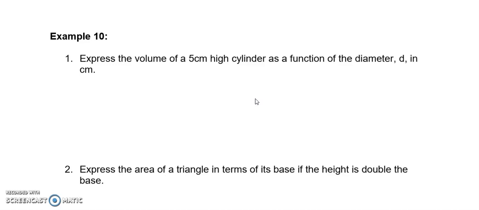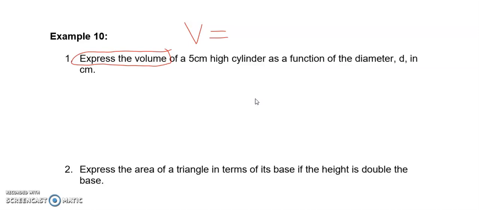Now, the first 3 words in this problem tell me what they're looking for. This says express the volume. So when you have this question finished, when all is said and done, your formula better start with V equals, volume of something. That's the way this works. So your formula is going to be V equals.